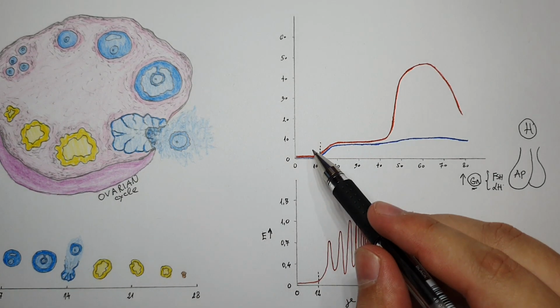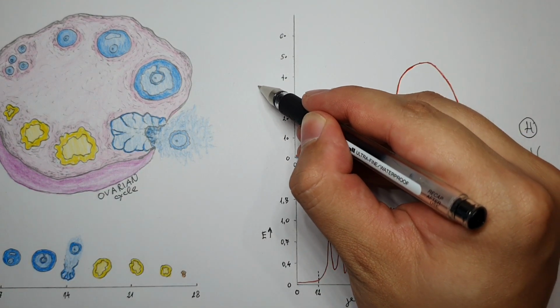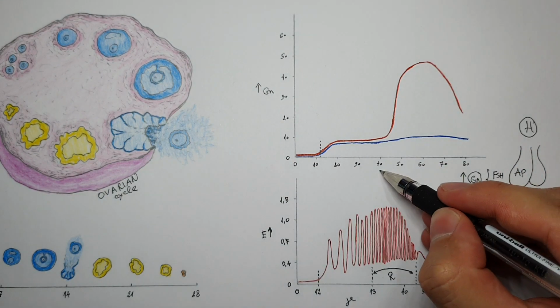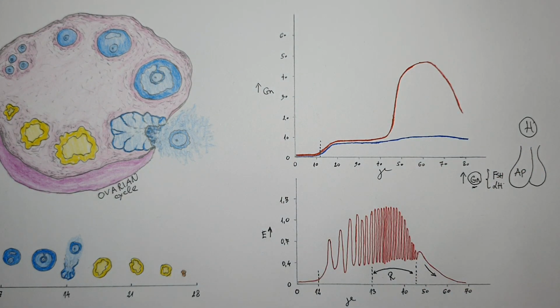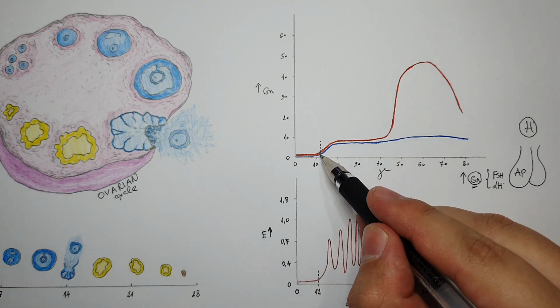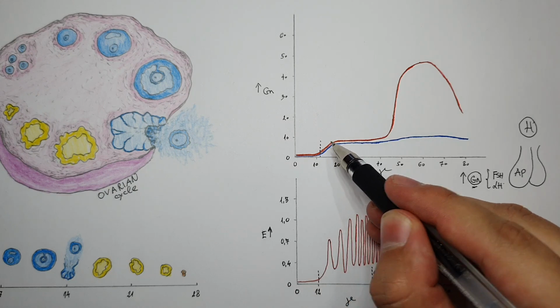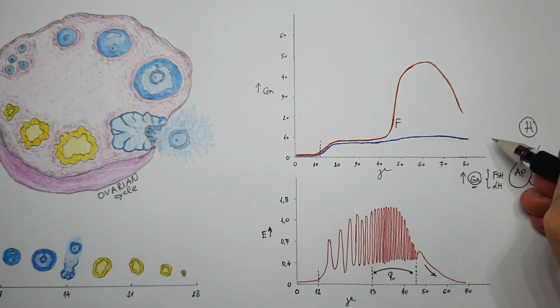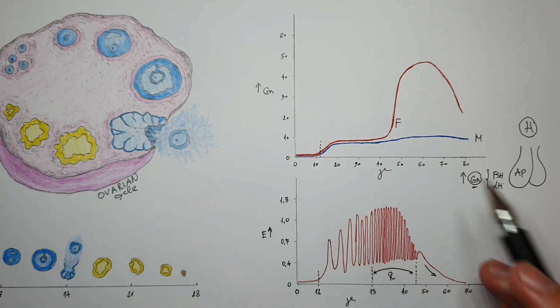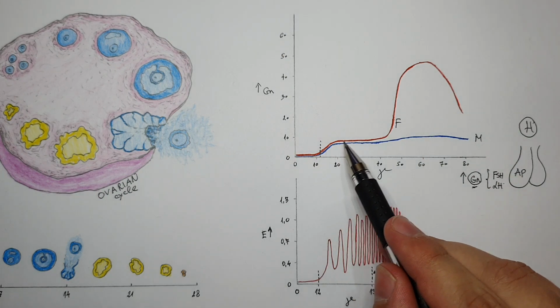If these are gonadotropin levels and these are years of life, we see that gonadotropin levels start to rise in puberty in both. This is for a female and this is for a male. Both in females and males they start to rise, and they are constant.